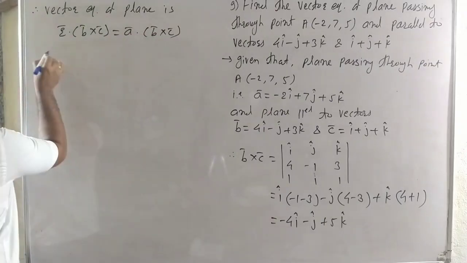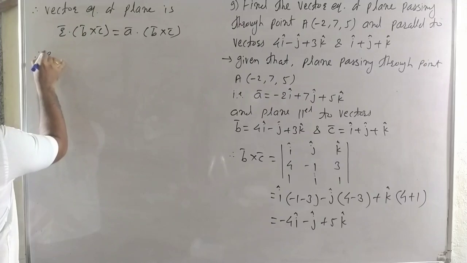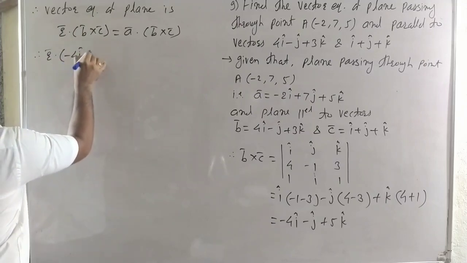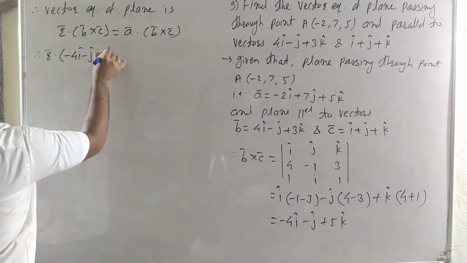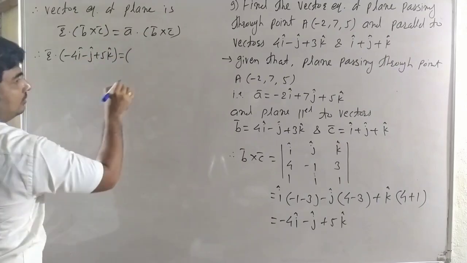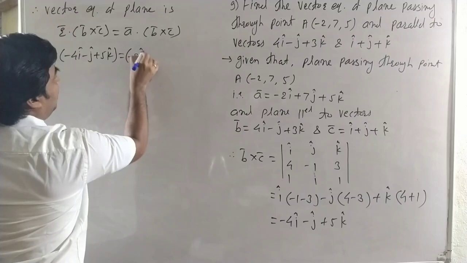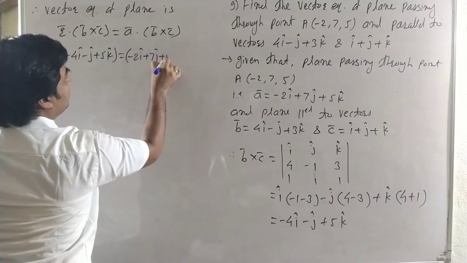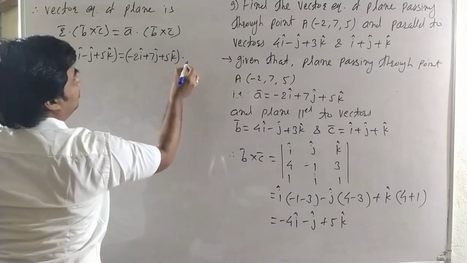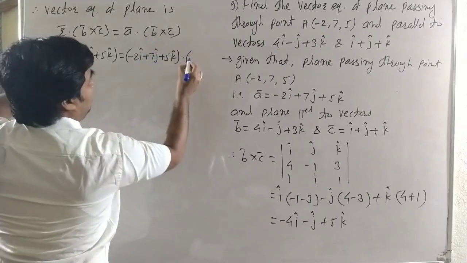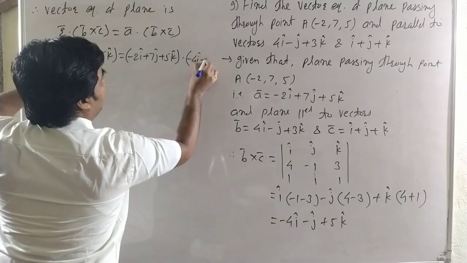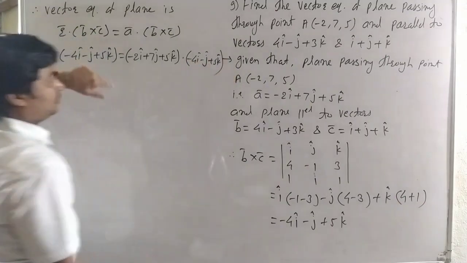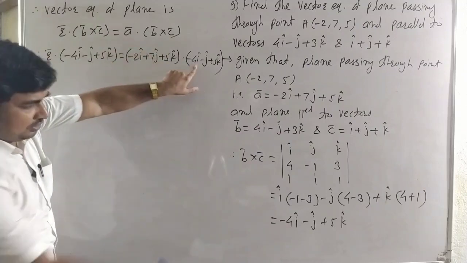Therefore r bar dot minus 4 i cap minus j cap plus 5 k cap is equal to minus 2 i cap plus 7 j cap plus 5 k cap dot minus 4 i cap minus j cap plus 5 k cap.